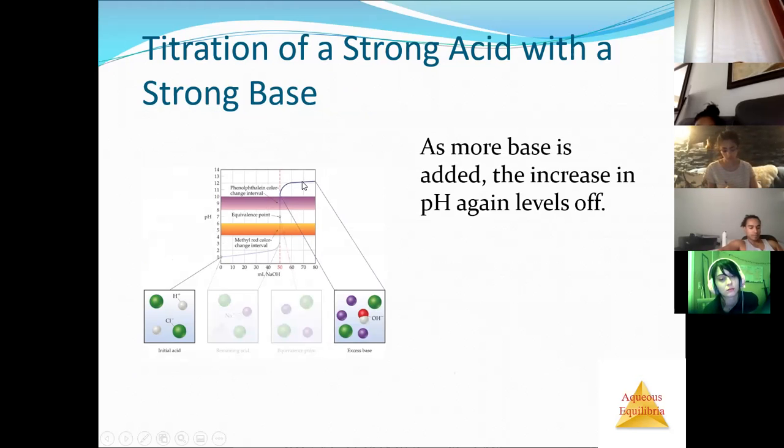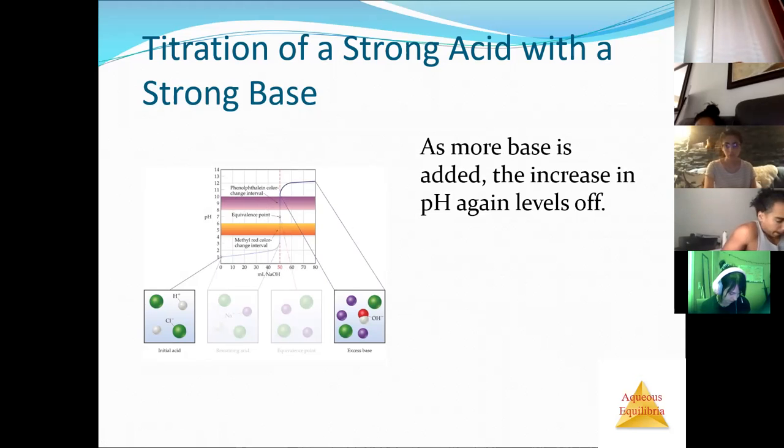So if my high value is a 12 and my low value is a 2, what I'm going to do is average those. 12 plus 2 divided by 2 is 7. I'm going to find my pH of 7, which is the average between my high and low pH. I'm going to take it over to the curve, and then I'm going to drop it completely down.